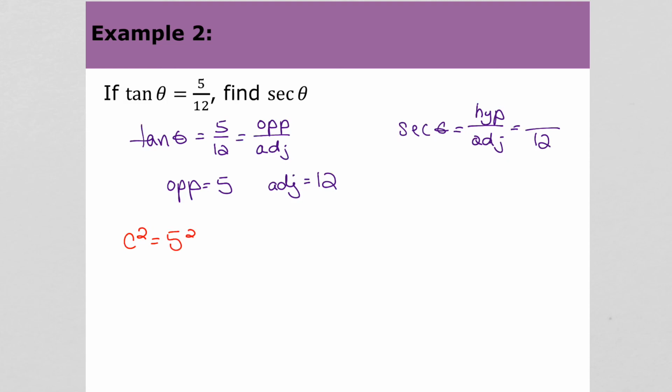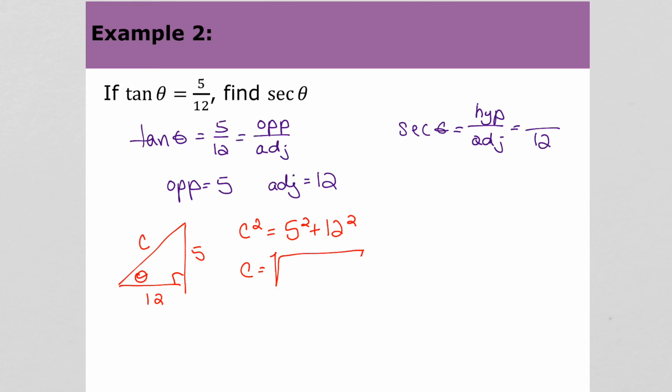We'll just take 5 squared. Oh, let's draw a picture. So if we've got this triangle, the opposite is 5 and the adjacent is 12. And so we're trying to find C. So C squared will be 5 squared plus 12 squared.